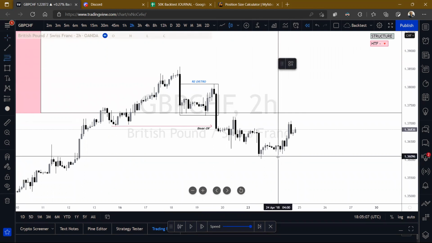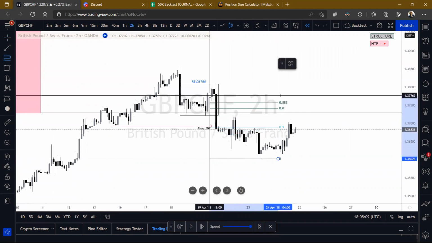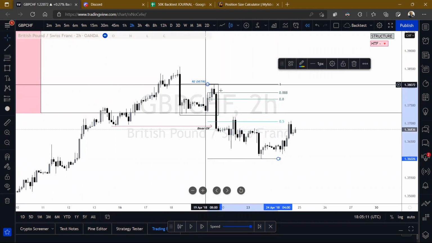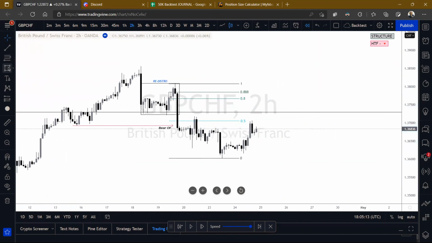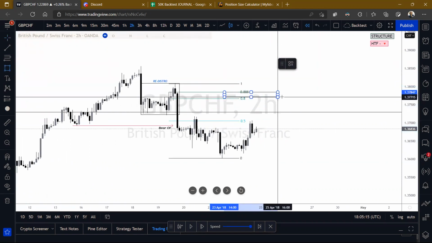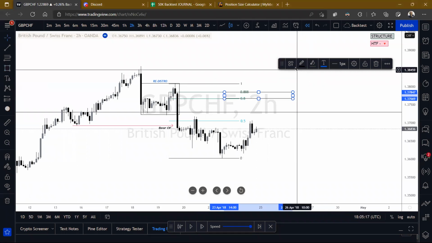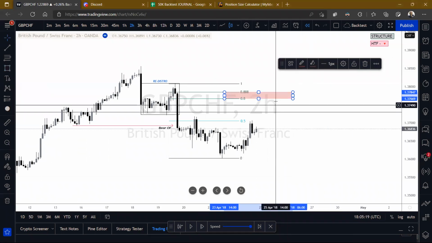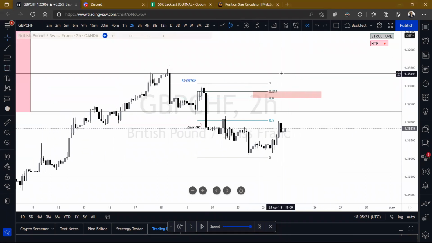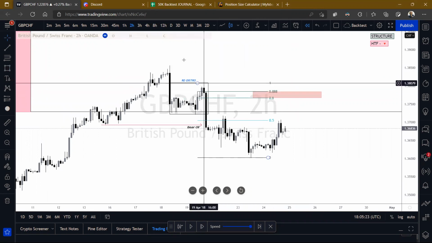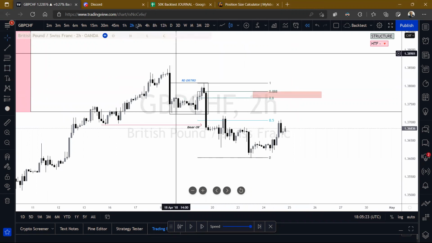What we can look for, this is our point of interest. Try to find the best full volume candle.